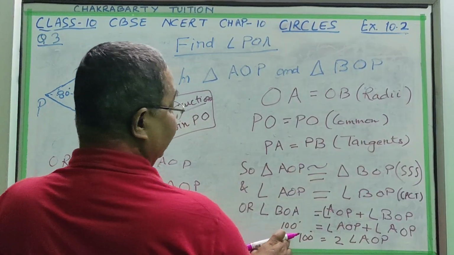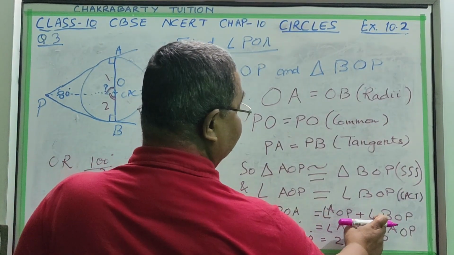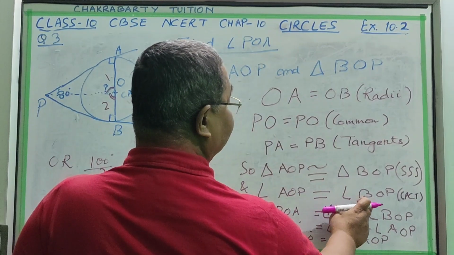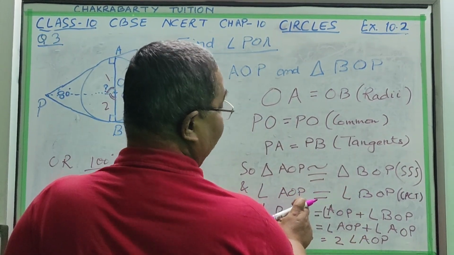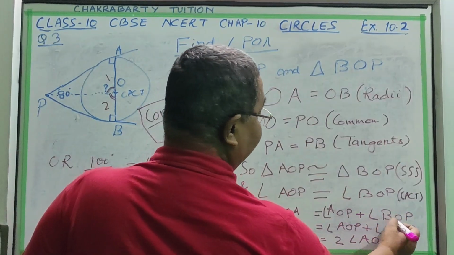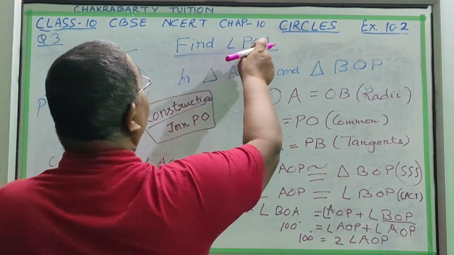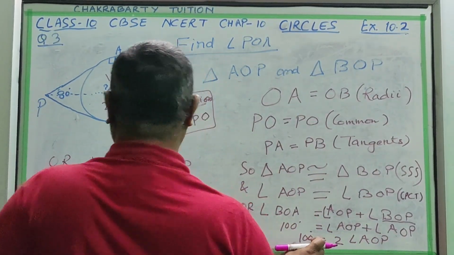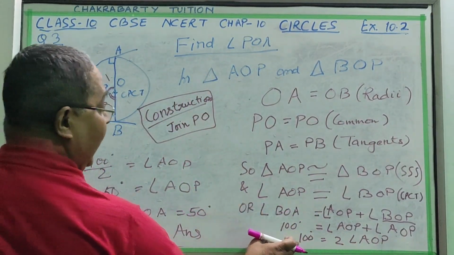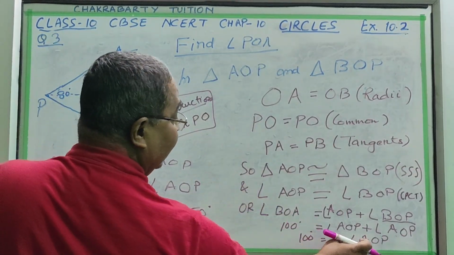From there this 100 is coming. And in place of angle BOP, which we have just proved equal, we can write AOP. So 2 AOP is equal to 100. From here, angle AOP will be equal to 100 upon 2.